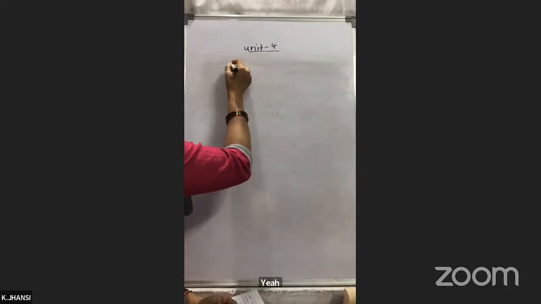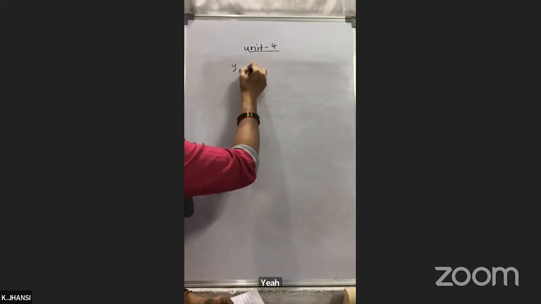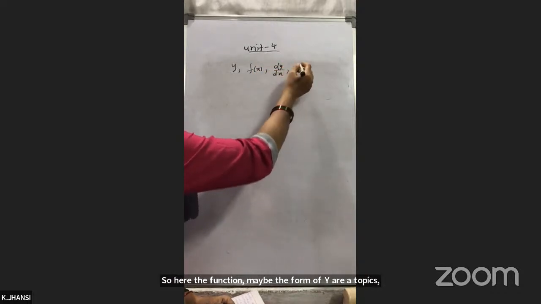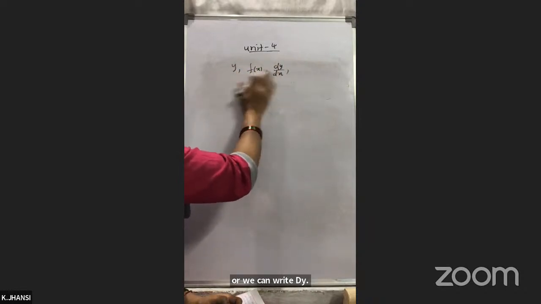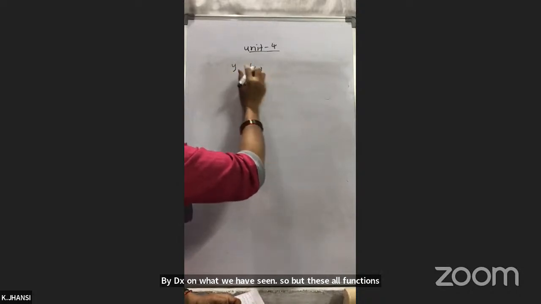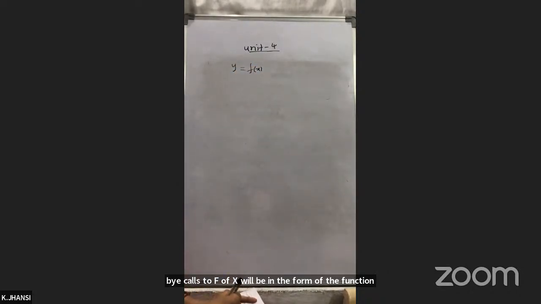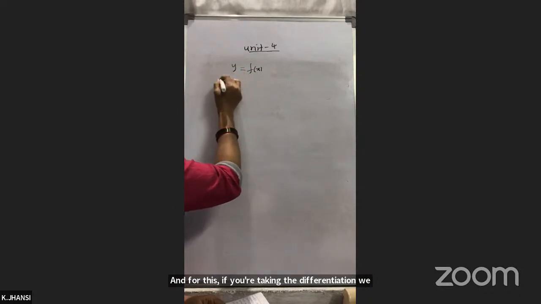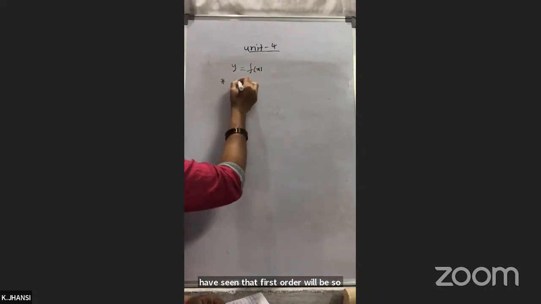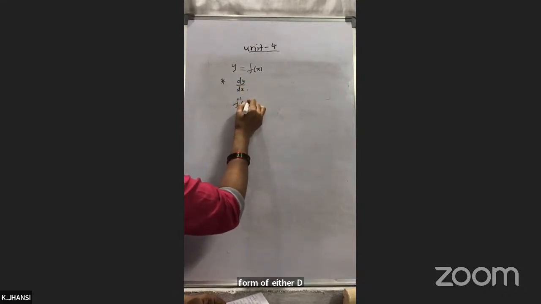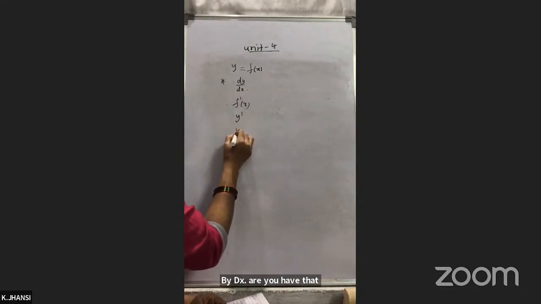So here the functions may be in the form of y or f of x, or we can write dy by dx, or what we have seen. For all these functions, y equals f of x will be in the form of the function. And if you take the differentiation, we have seen that the first order will be in the form of either dy by dx or f dash of x or y dash or y1.